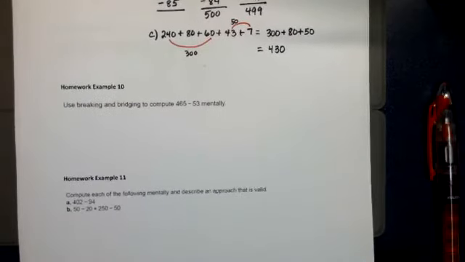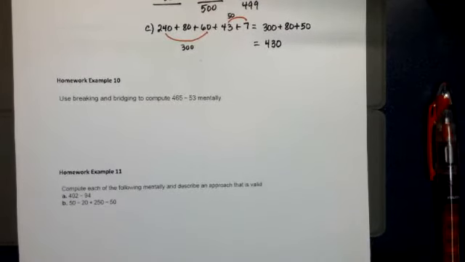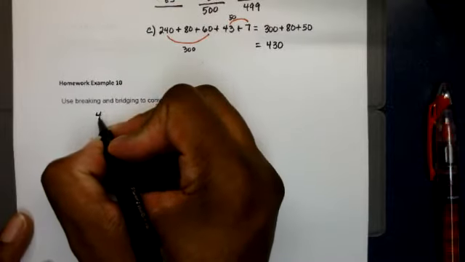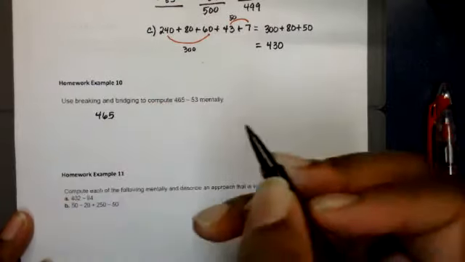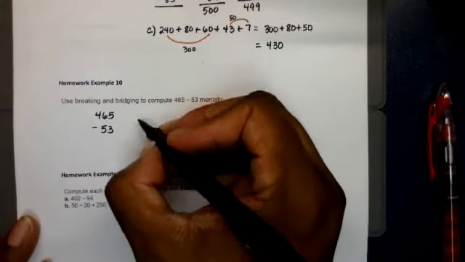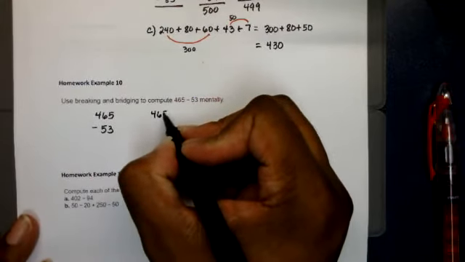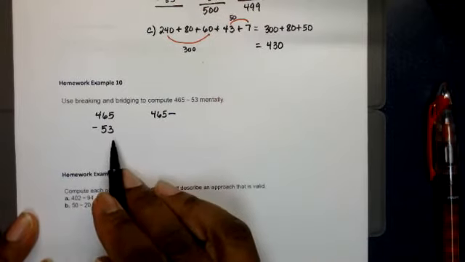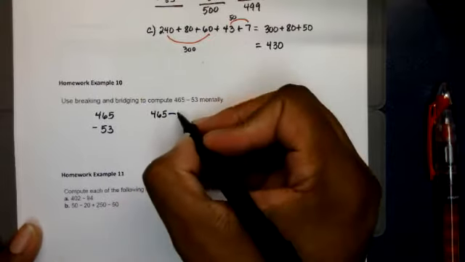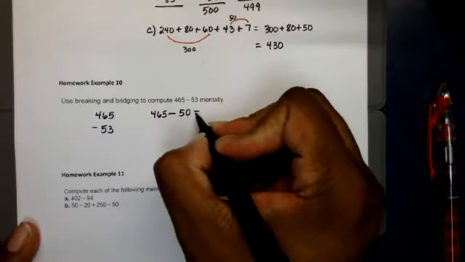All right, now using the breaking and bridging approach, we want to compute 465 minus 53 mentally. Bring over the 465, break 53 up as 50 and 3 and subtract each part, like 465 minus 50.